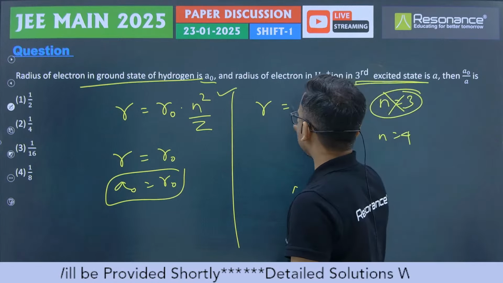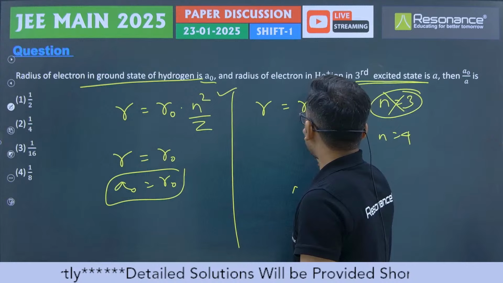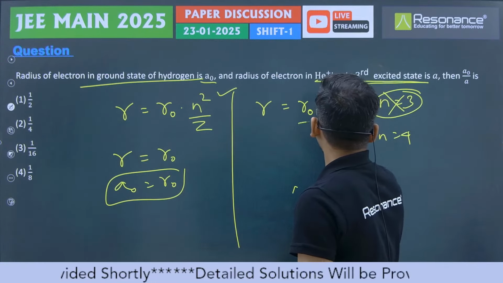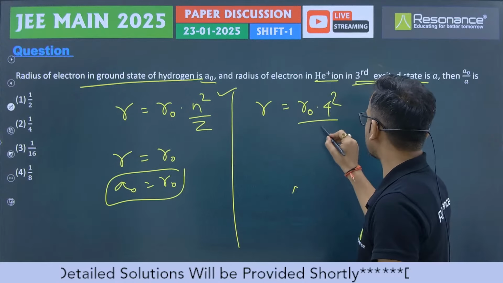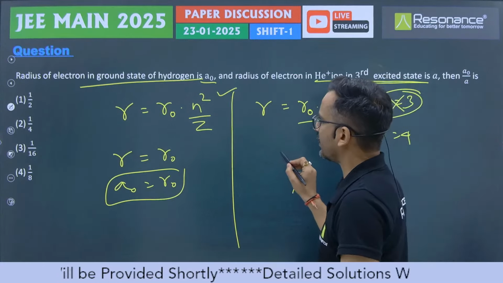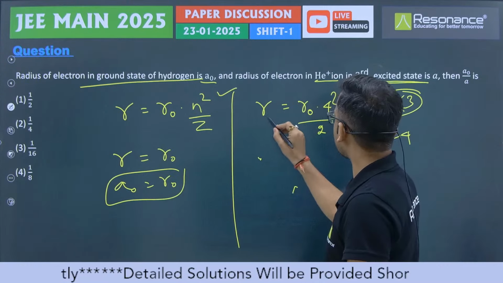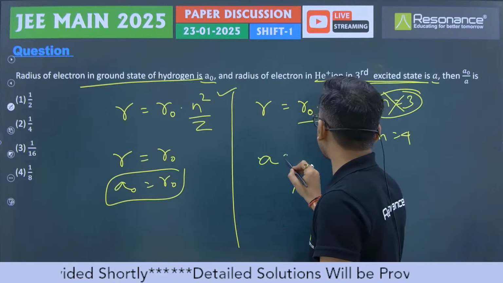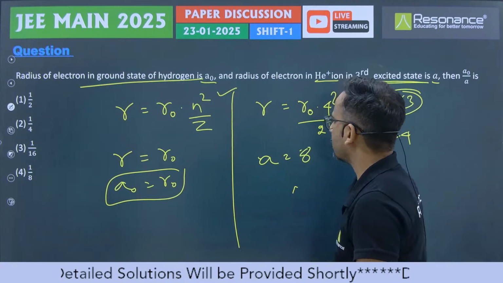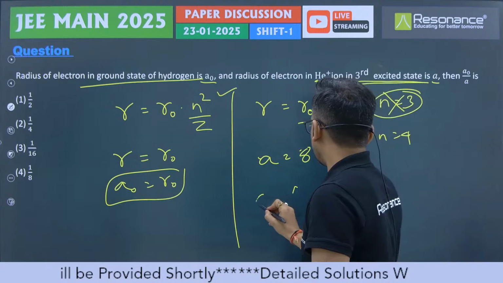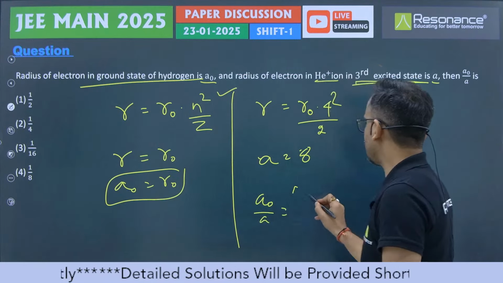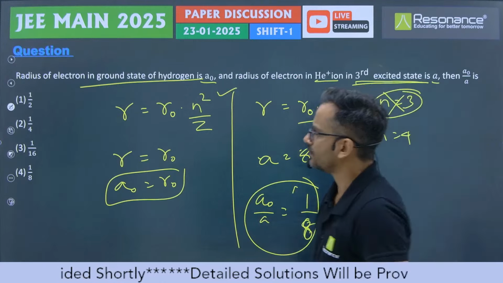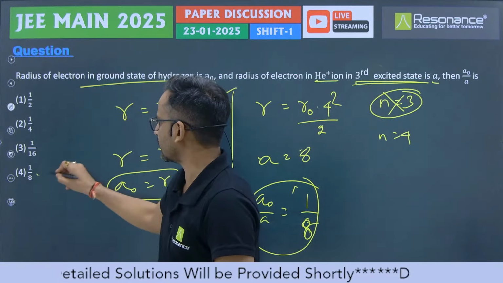So for helium, R equals R naught into n square, that is 4 square, upon z, and z is 2. So 16 upon 2, that is 8. So R for the third excited state is A, so A is equal to 8 R naught. Now they have asked A naught upon A, which is 1 upon 8. Okay, so this is the correct answer.